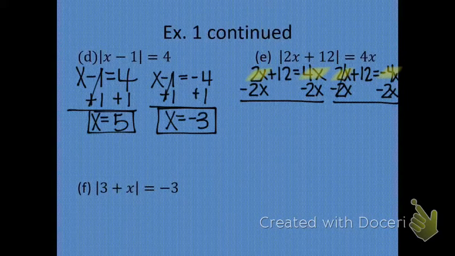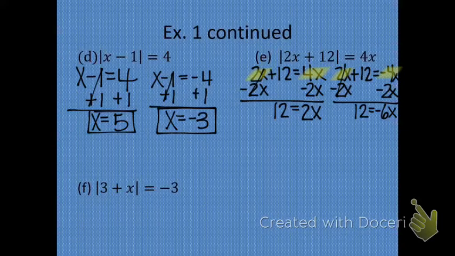The 2x minus 2x's are canceling, and we have 12 equals. What's 4x minus 2x? All right, in the second equation, we have 12 equals. What's negative 4x minus 2x? Negative 6x.